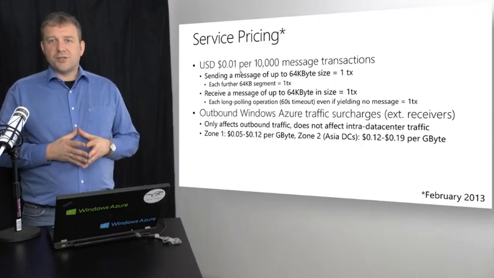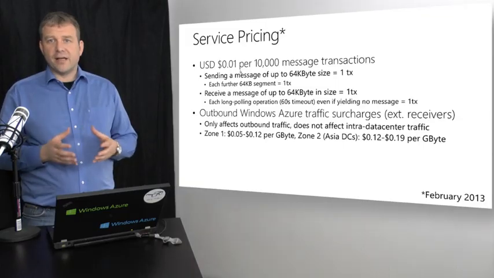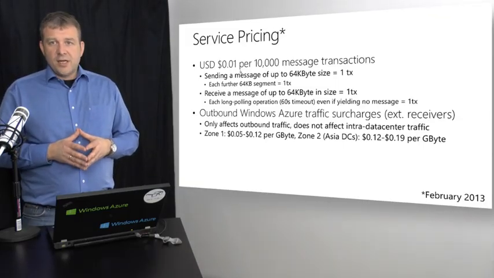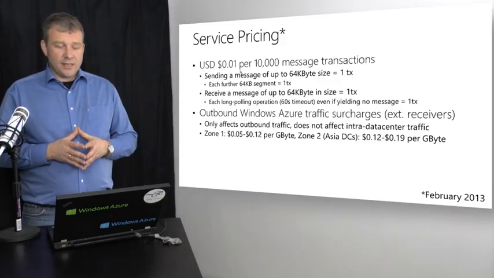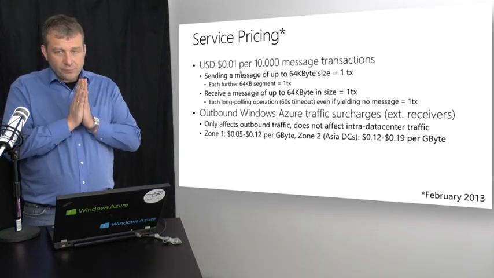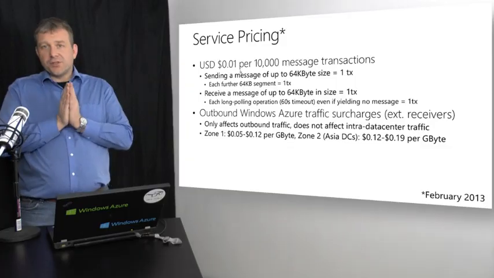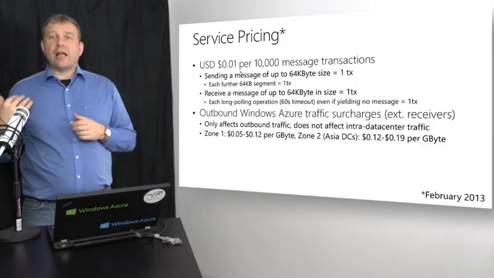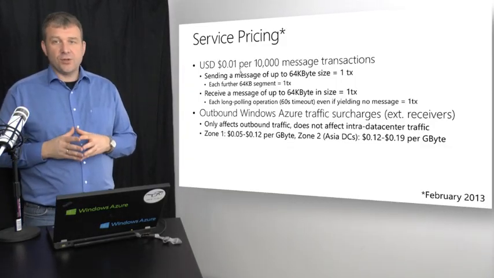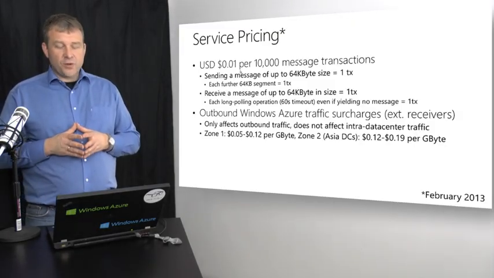That's not a lot of messages based on this pricing that you have to pay for, even just for a nailed up idle connection. The messaging model is a little bit different there for HTTP. If you're sending data out of the data center, so you are receiving to a client that sits out of the data center, you also need to go and look at the surcharges that we have per gigabyte.